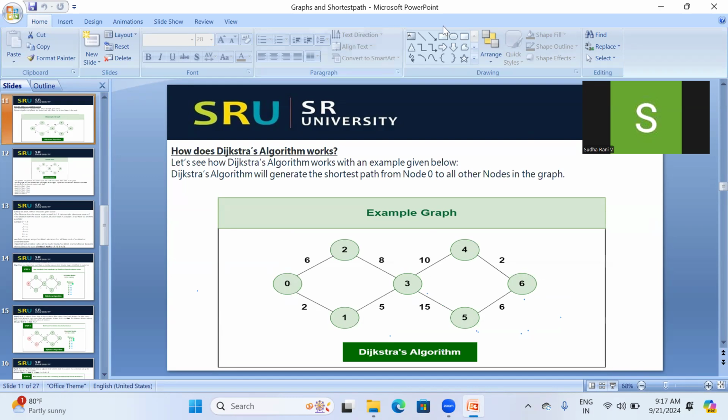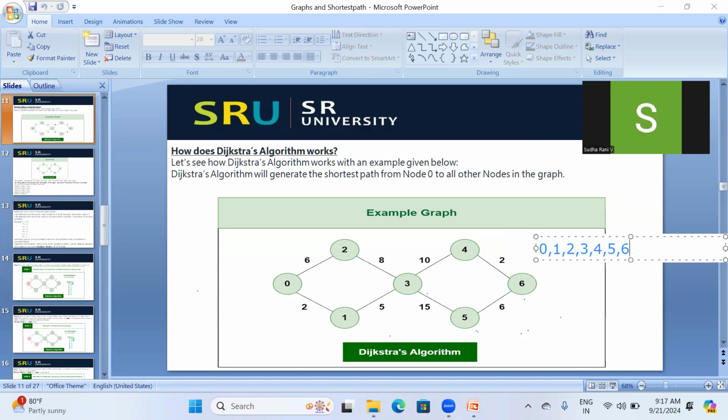First, what nodes do we have in total? See here, we have the nodes 0, 1, 2, 3, 4, 5, and 6. These are the different nodes we have.